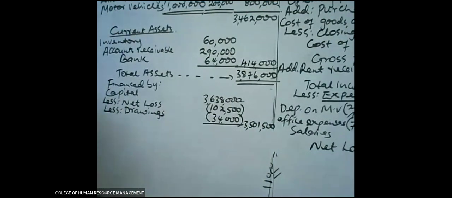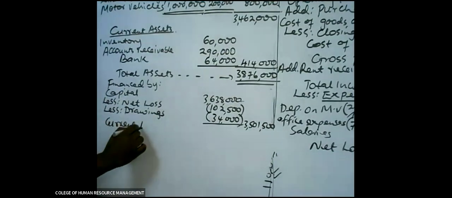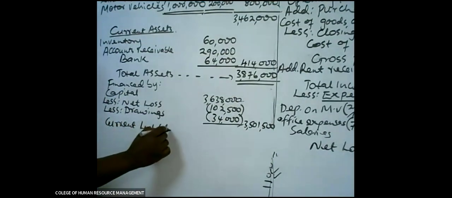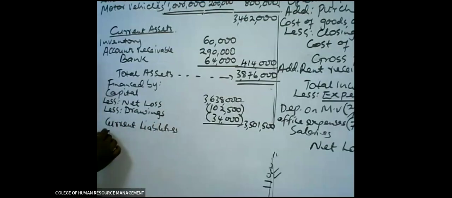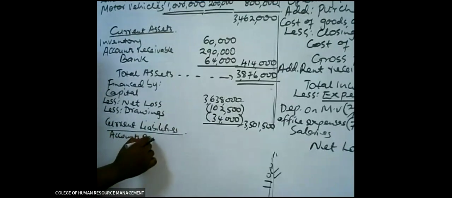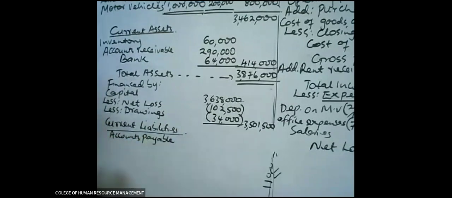We have a bank loan, which is a long-term liability. This question has no loan, so no long-term liability. We then finish by capturing the current liabilities. Accounts payable, and I insist this is the other name for creditors. What we have not paid our suppliers is 362,000.